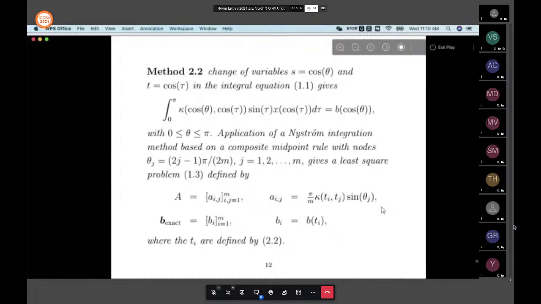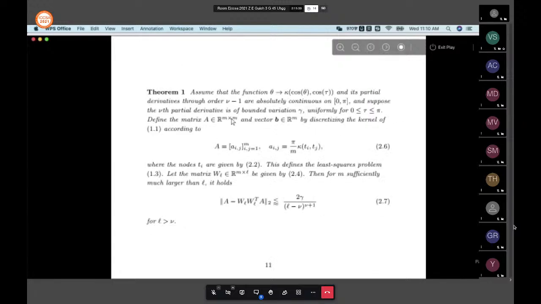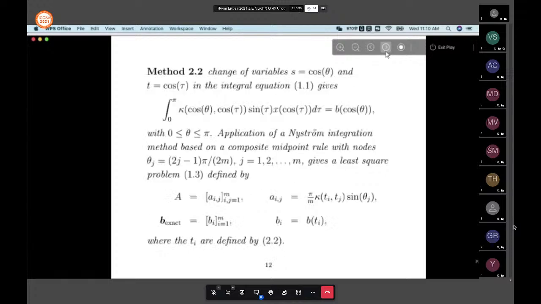And then this second method. This method starts from discretizing the integral equation. With a change of variable, we have an integral equation that satisfies the theorem we previously proved. Then we discretize this integral equation with the composite midpoint rule at the Chebyshev points, the zeros of the Chebyshev polynomial.